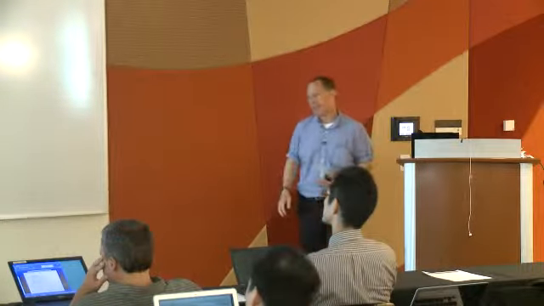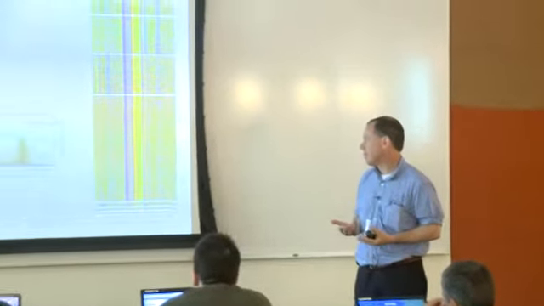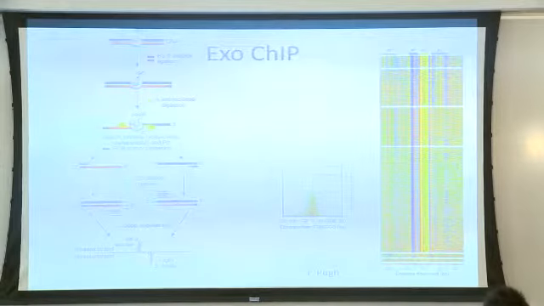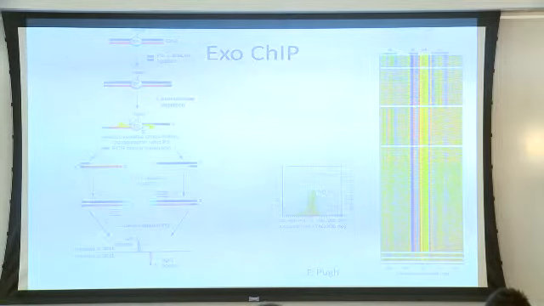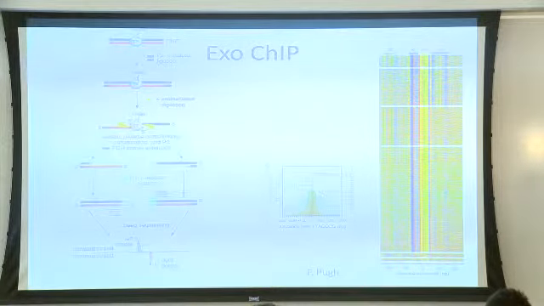Another very recently invented method, which is growing in popularity and is, I think, an important method for the future, is called ExoChip. And ExoChip is, once again, a form of chromatin immunoprecipitation, but it's used in particular with antibodies to transcription factors.